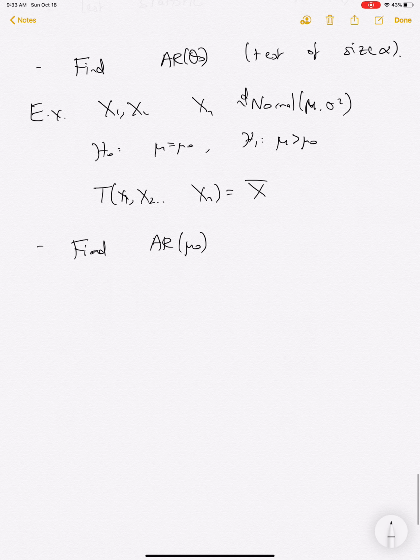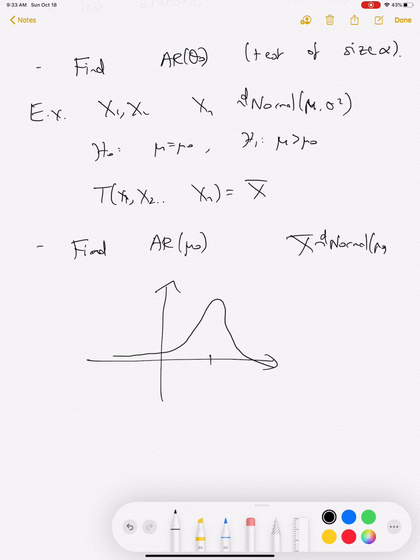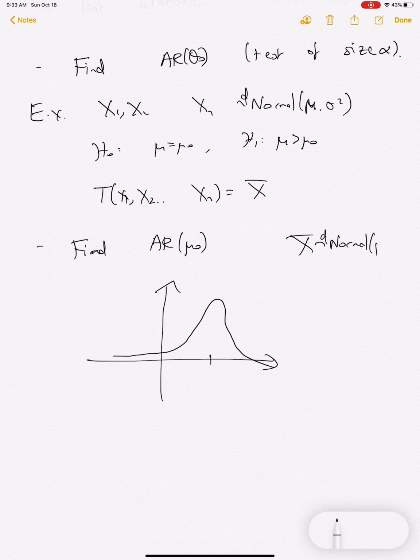So remember once again that we're in this nice normal setting where x bar is normal with mean mu and variance sigma squared over n.